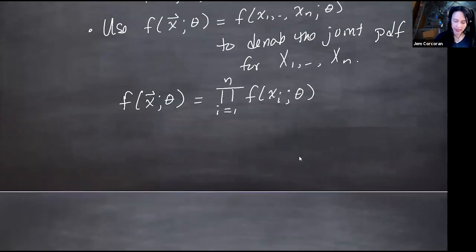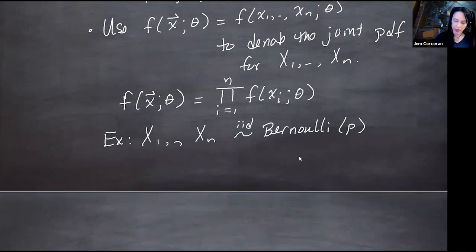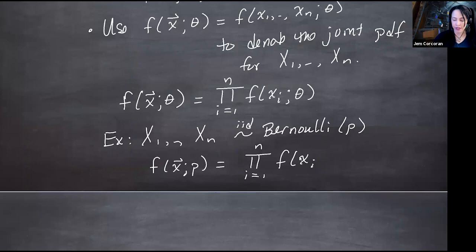Okay, as an example, suppose that x1 through xn are IID Bernoulli with parameter p. For the joint PDF here, I would use p instead of theta. This is going to be the product as i goes from 1 to n of the individual PDFs.